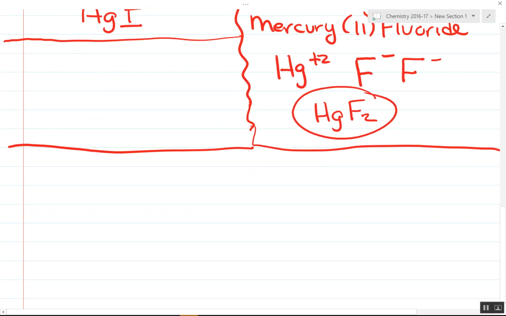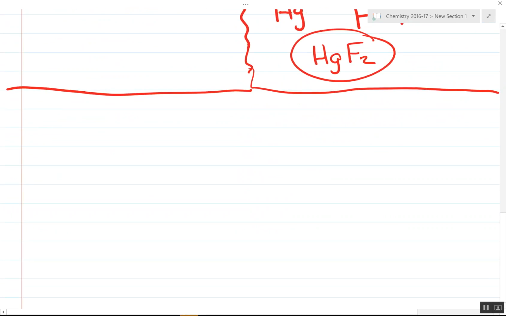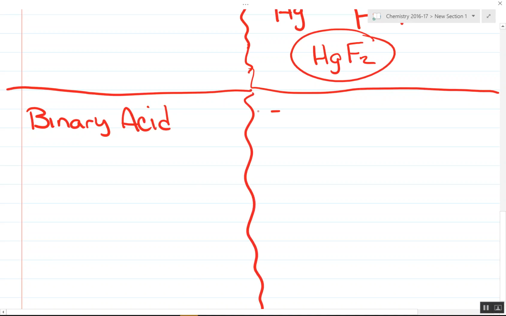Let's start with the binary and then we'll go to oxys, because we talked acids are one thing, binary acids, and Mr. Lasorsa calls them ternary acids, but I also call them oxy acids. Now, binary means you have two elements, right? In an acid, what is one of the elements all the time?